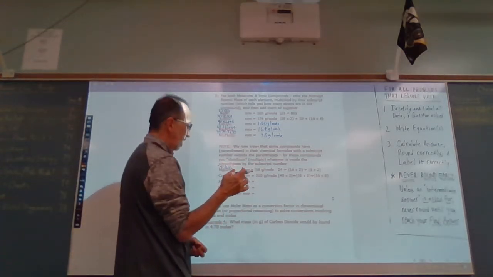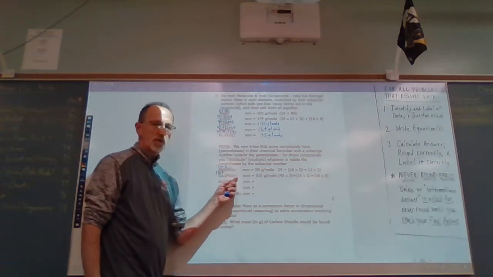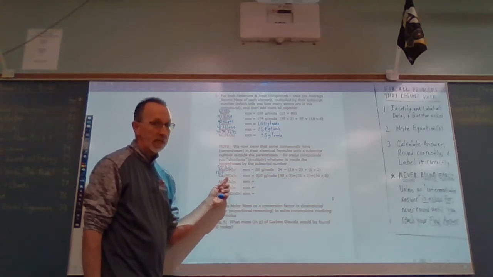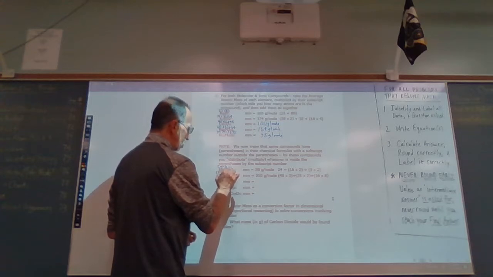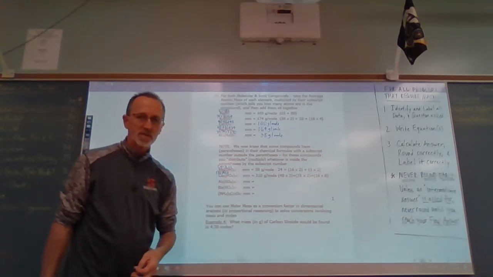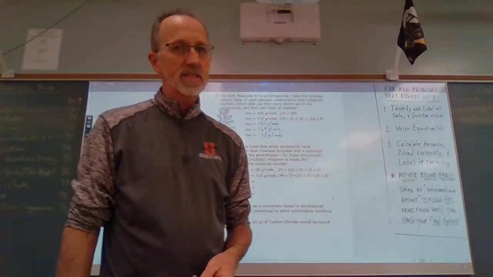Calcium phosphate, there's 3 calciums. Calcium is 40, so that would be 120. Now, we got a 2 outside the parentheses here. There's a P in there, so it actually means there's 2 P's. P is 31 times 2 is 62. And how many O's we got? There's a 4 inside, but there's a 2 outside. That's not 6 O's. It's 8.